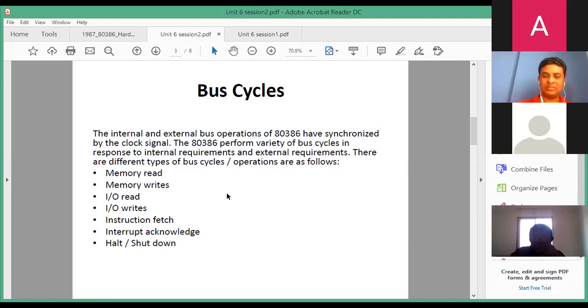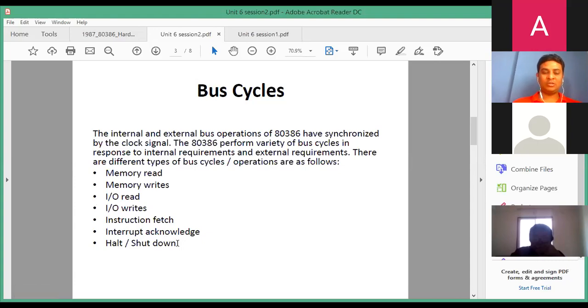So bus cycle: first of all, the bus is synchronized with the clock cycle, as we have already discussed. The clock signal, which is generated by the CPU or available on the motherboard, is synchronized with all the devices. So the bus operations which are performed should be synchronized with the clock cycle, and the operations are memory read, memory write, IO read and IO write, instruction fetch, interrupt acknowledgement, halt or shutdown.